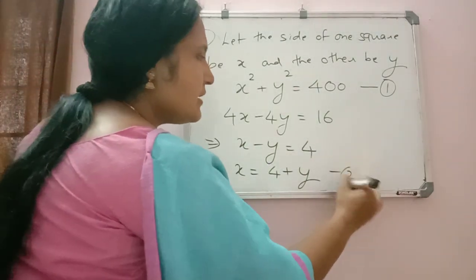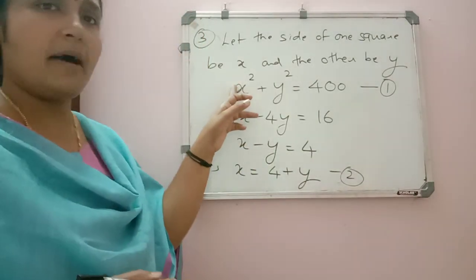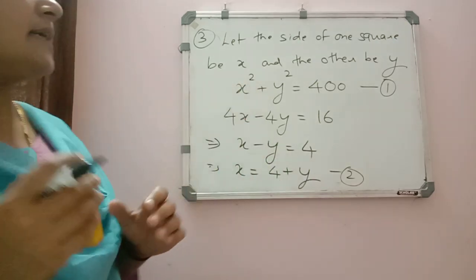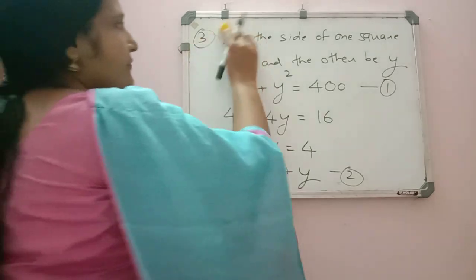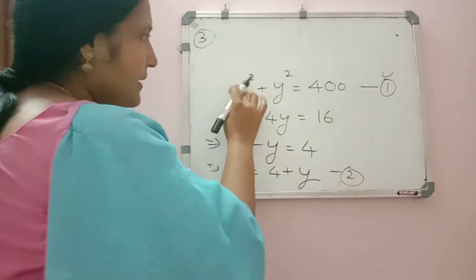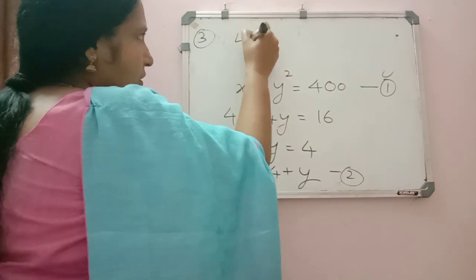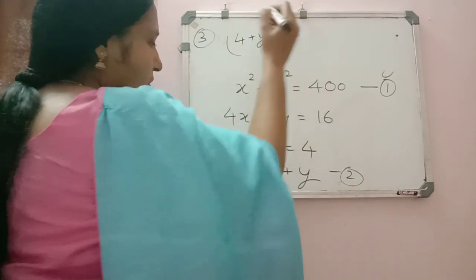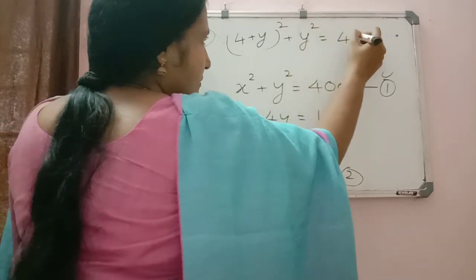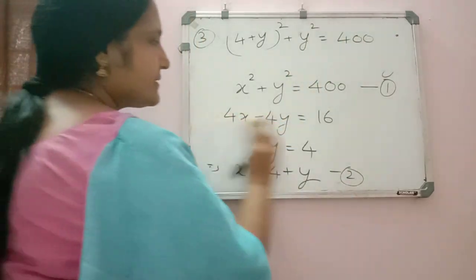Now we will substitute the value of x in equation number 1. The value of x is 4 plus y. So substituting here, it will be 4 plus y the whole square plus y square is equal to 400. Now we'll simplify it.